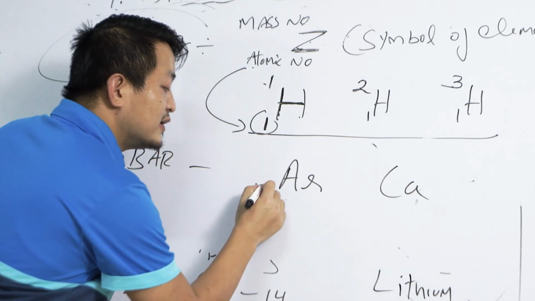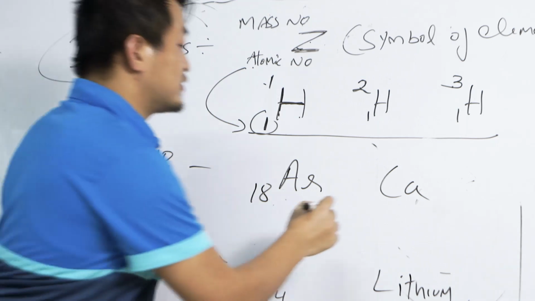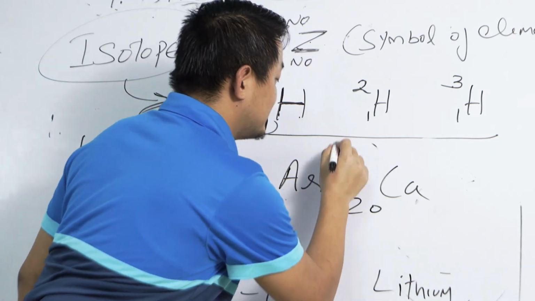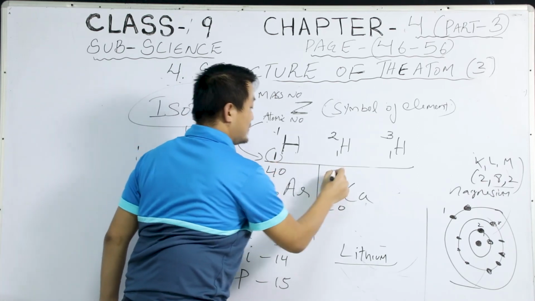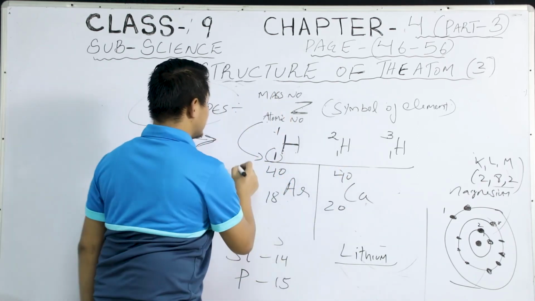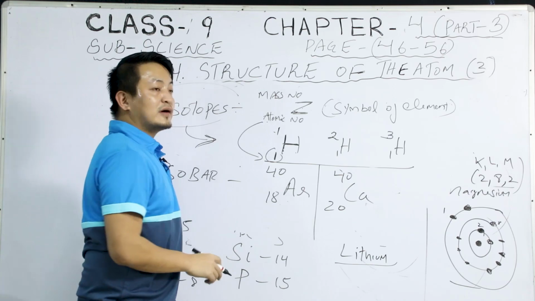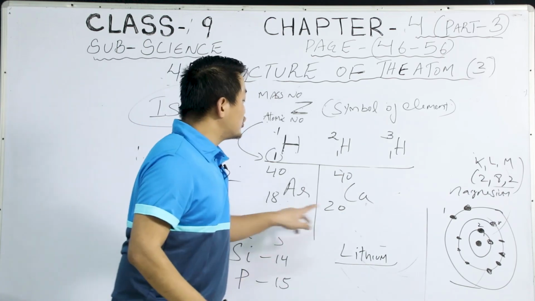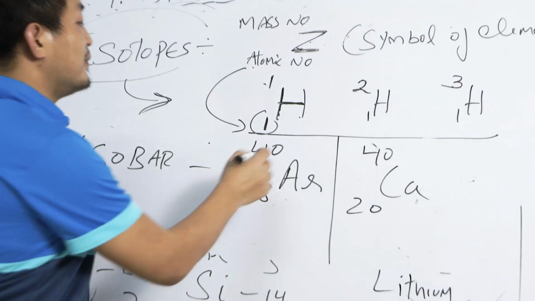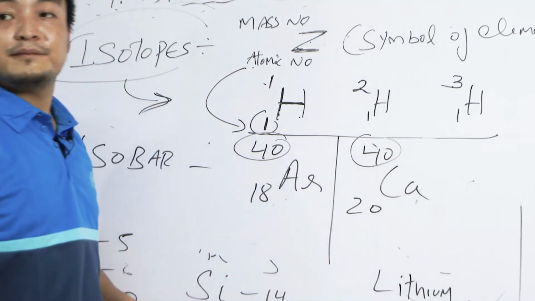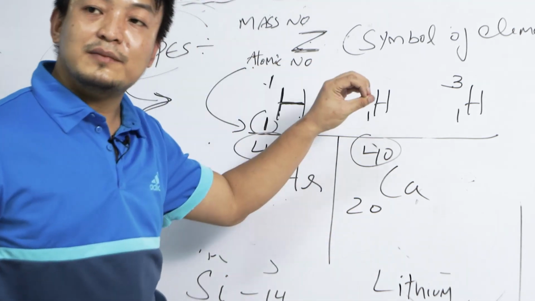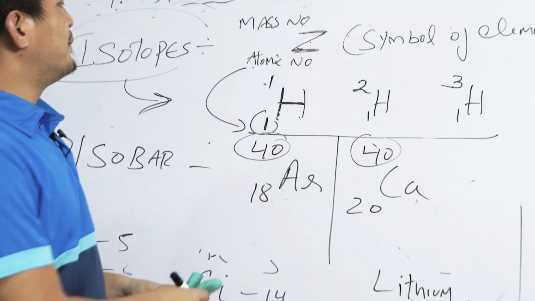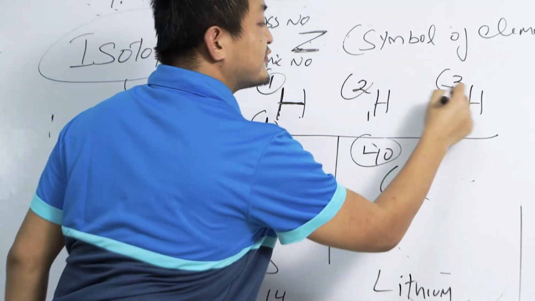For argon, it is 18, and for calcium, it is 20, okay? But their mass number is same, that is 40, 40. So this is an example for isobar. In isobar, the atomic numbers are different, but the mass number is same. Clear? And in isotopes, we have the same element, atomic number is same, but the mass number is different.